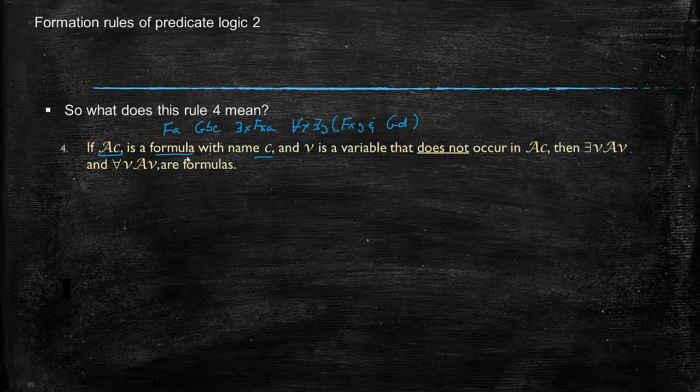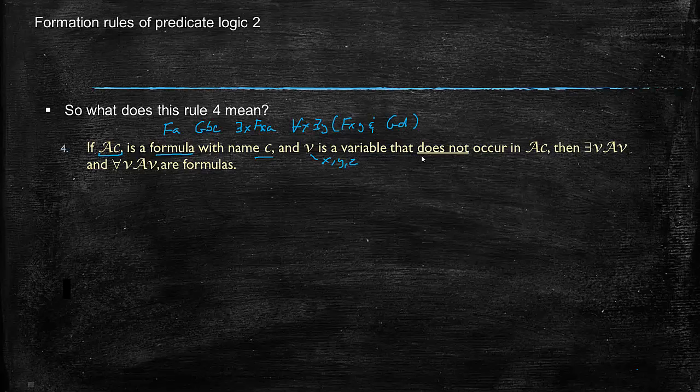So if something is a formula in the predicate logic with some name in it, and then there's some variable V. Now, of course, it's not V specifically, since this is a meta language, so this could be X, Y, Z, those are the ones we use, but we also use U, V, W, etc.